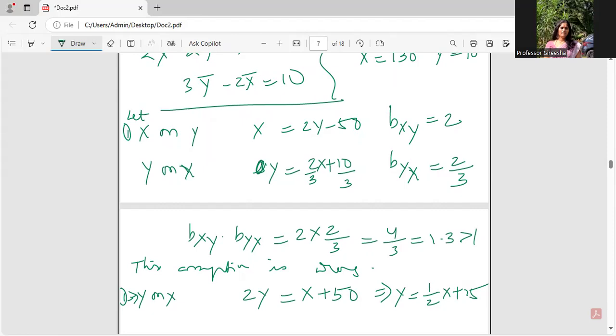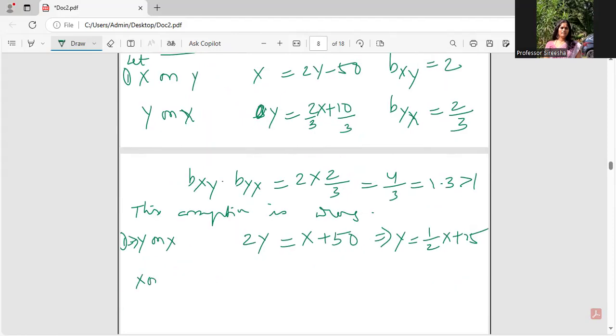Next one, let it be x on y. So 2x is equal to 3y minus 10, which gives x is equal to 3 by 2 y minus 10 by 2, which would be 5.